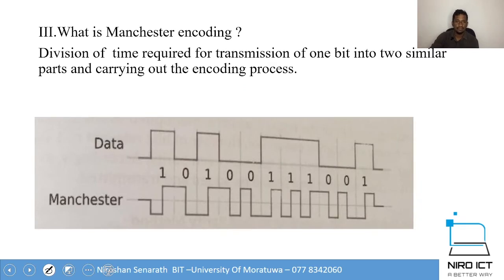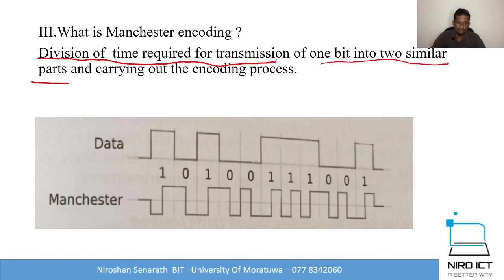Next, lastly, we are going to talk about Manchester encoding, right? That is part of the encoding. Division of time. Here they are dividing the time required for a transmission of one bit into two similar parts. Here you can see one bit, it's 1.